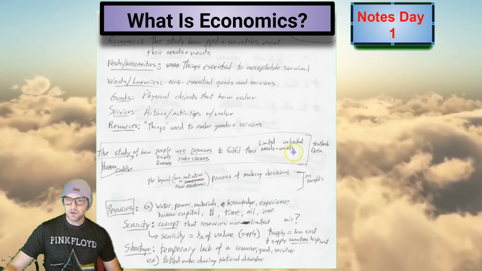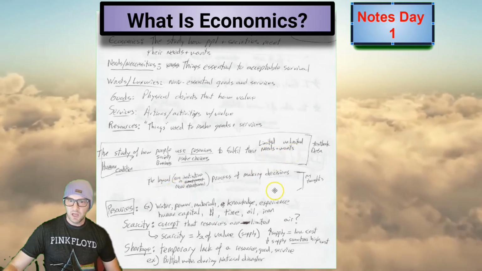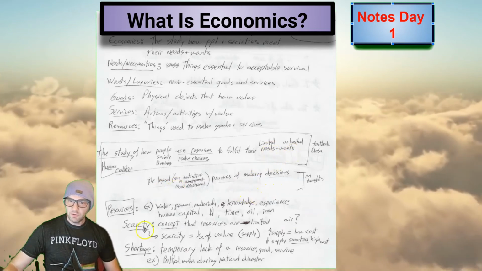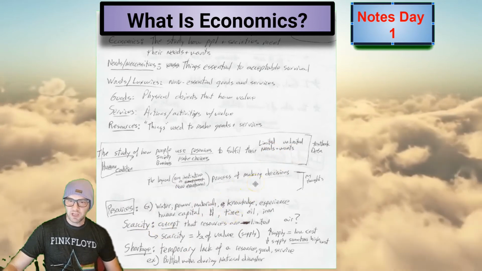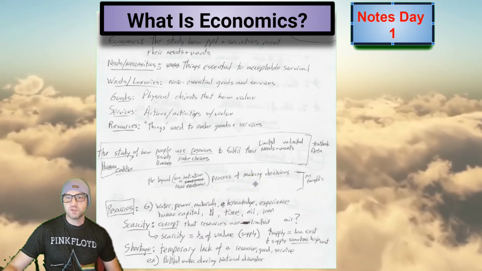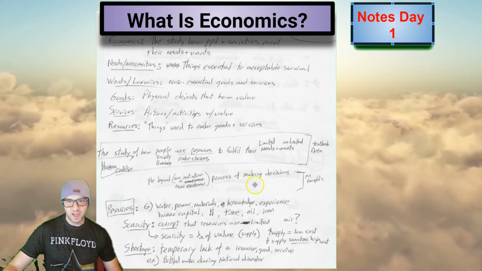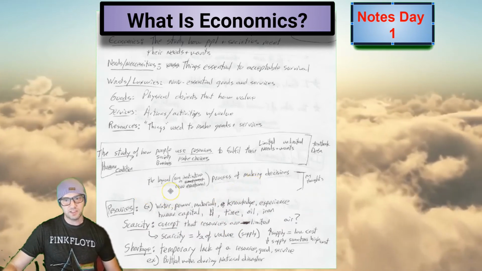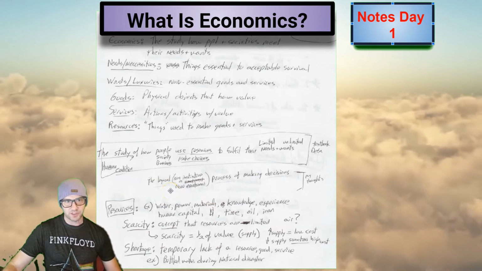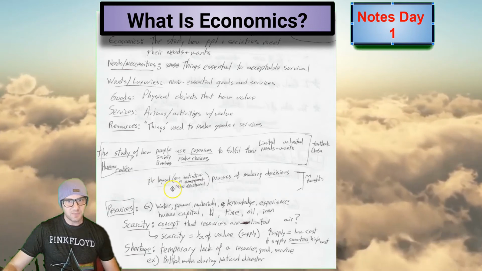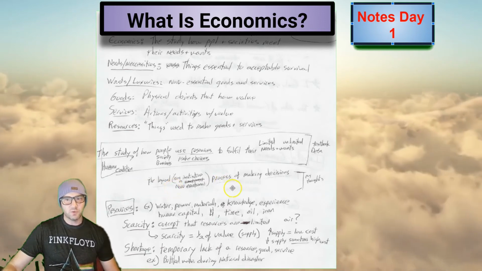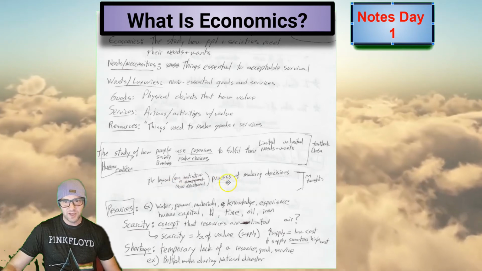You are considering your needs and your wants. You are considering how to use your scarce resources to make decisions to improve your life, to increase what they call your utility, your satisfaction in life. So as soon as you bring your brain into it and start considering options, even if it's to help someone or not help someone, it's not about making money. It's creating options that will increase your satisfaction in life.